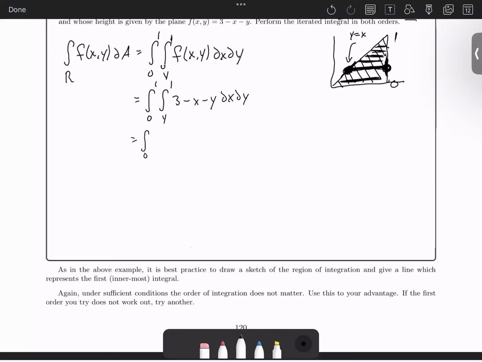All right, if we integrate in x first, we end up with 3x minus 1/2 x squared minus yx, evaluated between x is equal to y and x is equal to 1.